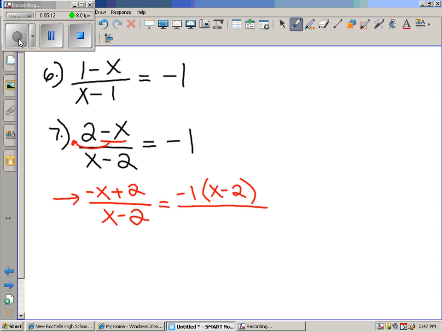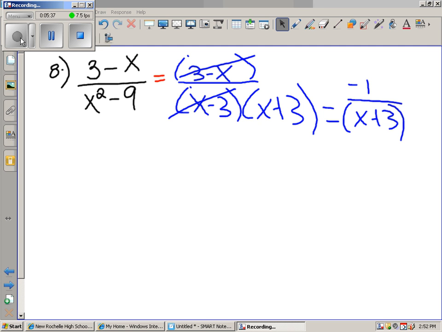Do you see that? The bottom is x minus 2. These two cancel out. You're just left with -1. So either you can remember this pattern, or you could do all of this work. Which would you rather do?